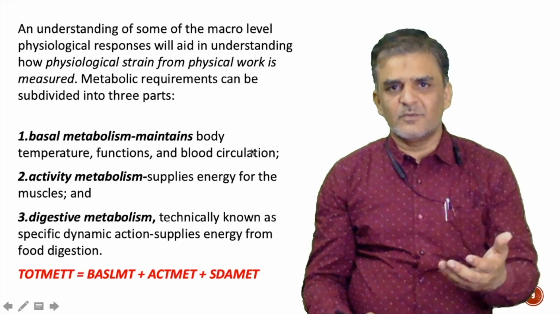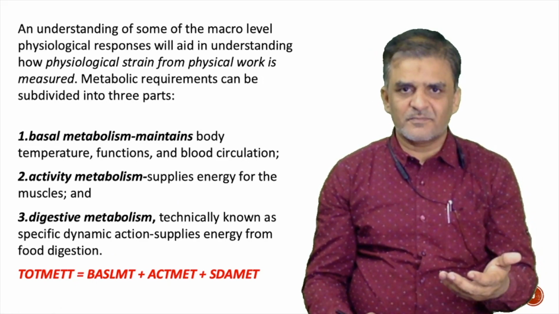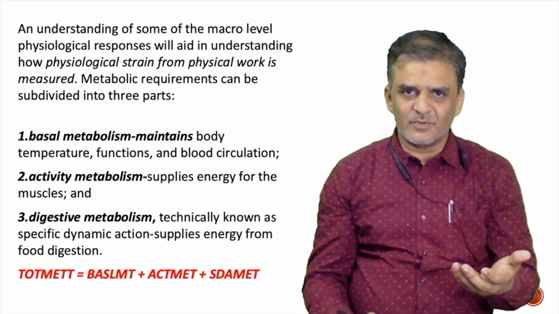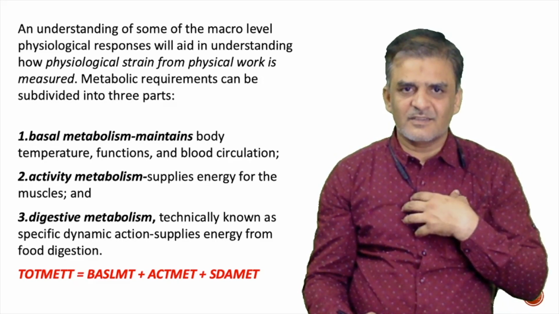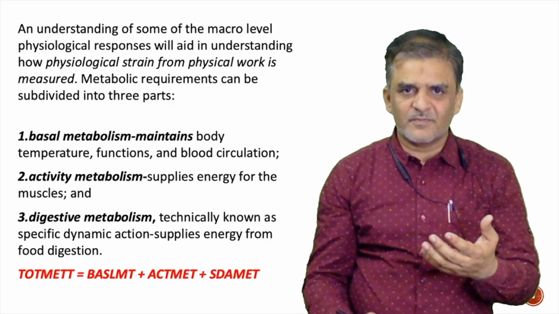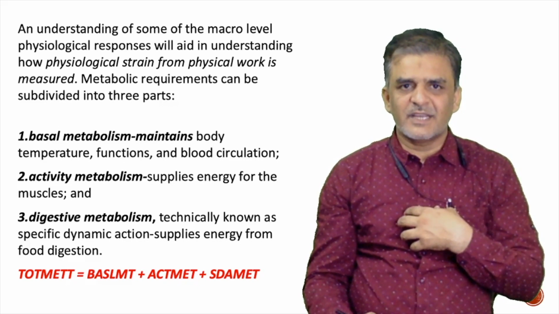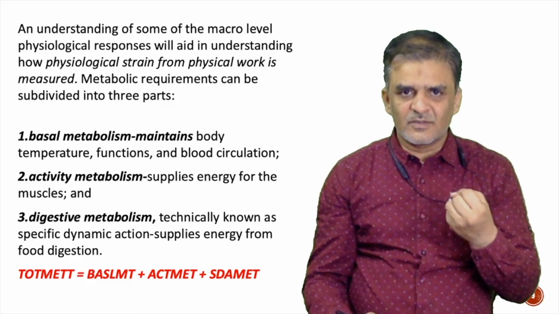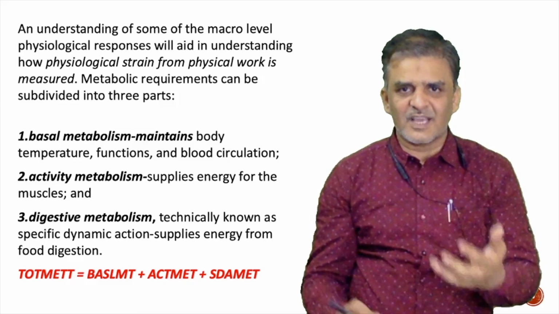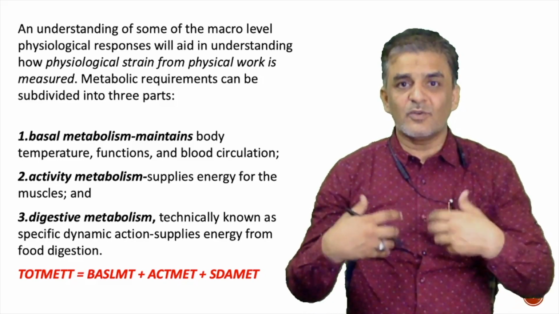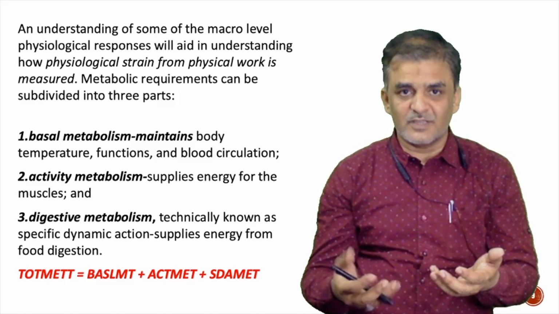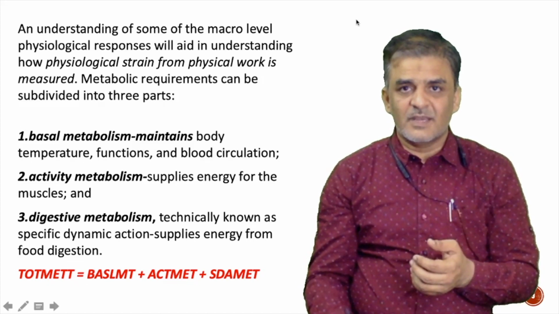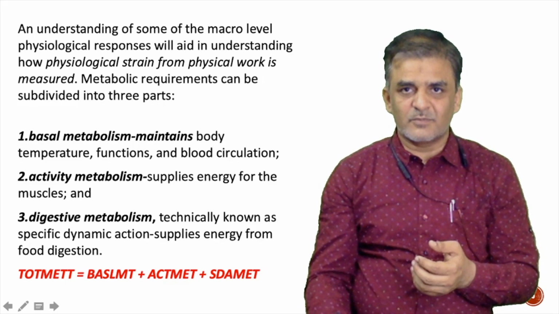Now, how does the muscle work, how does the muscle get energy? This is through the food. The food we take converts into energy, and basically we get the energy from carbohydrates. But sometimes when there is a scarcity of carbohydrate, protein also converts into energy. There are three basic metabolism processes.